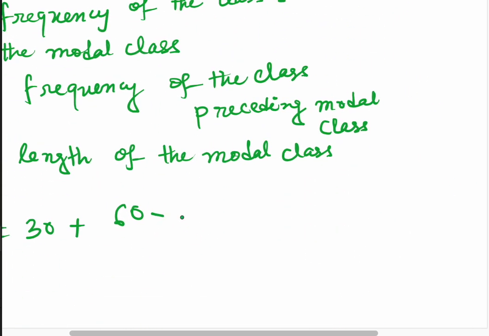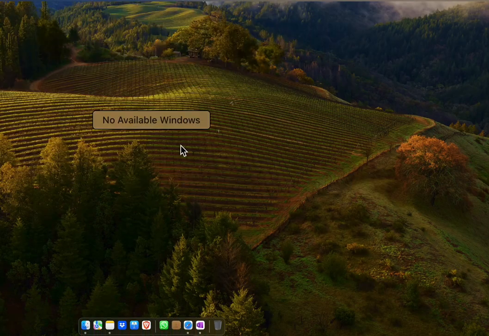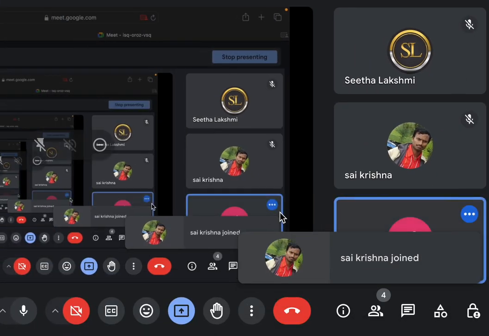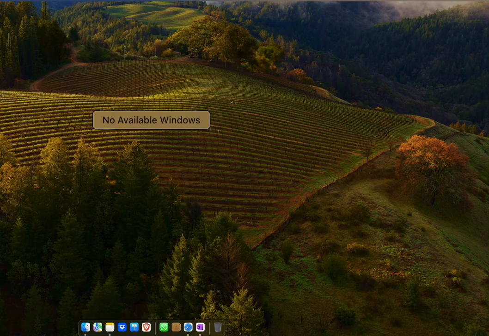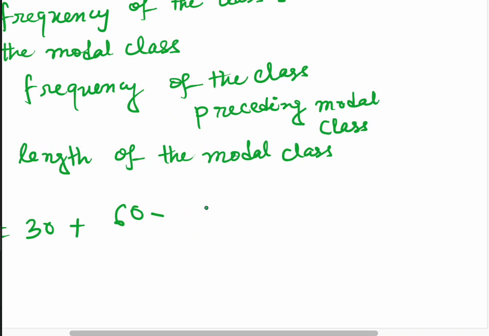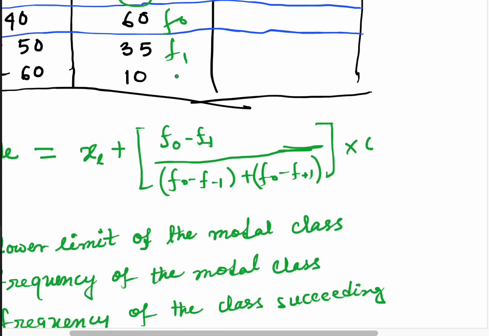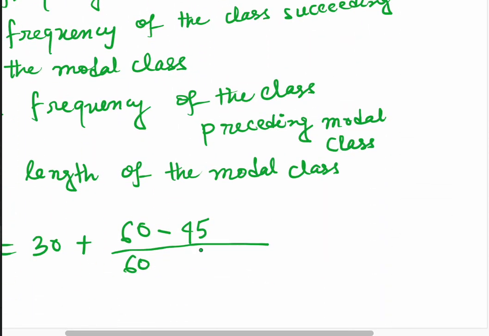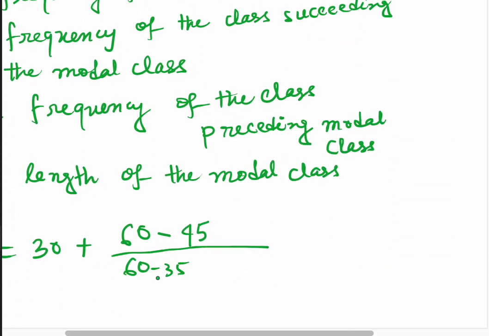So this means this is minus 45, then this 60 minus 35 plus 60 minus 45, into the length.